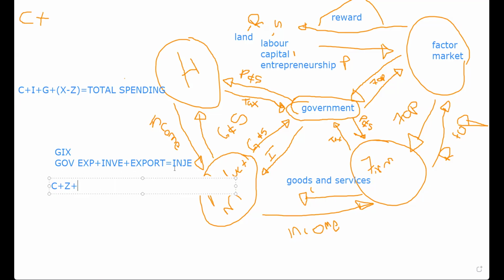Government expenditure, investment, imports, consumption expenditure, exports, and taxation. And taxation. So this becomes a leakage.